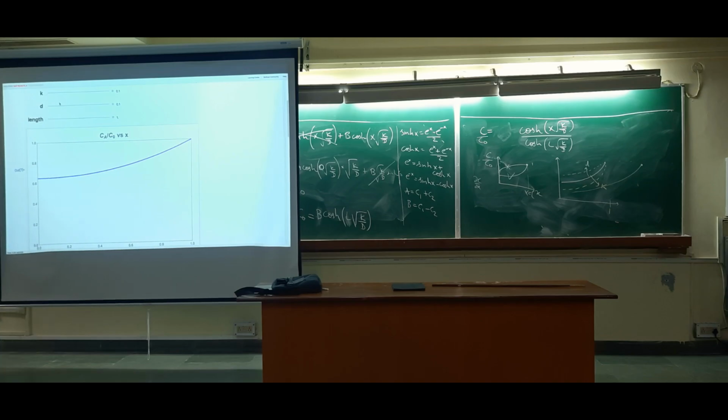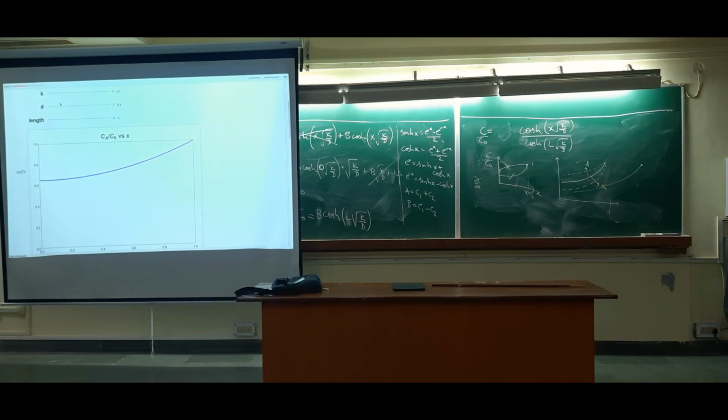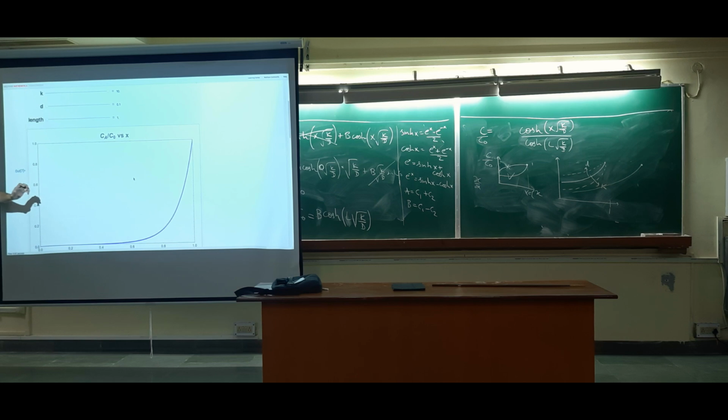So let me do one by one. K, let's increase K. Yes, if we go K really high, you see that really this entire region is not being used. A just cannot even penetrate at this high level of reaction rates. Okay, let me take it all the way back.